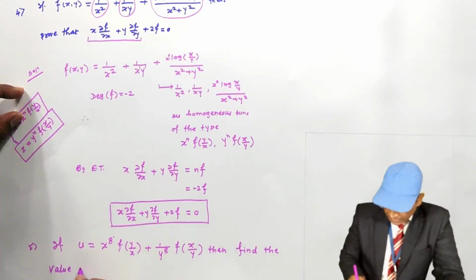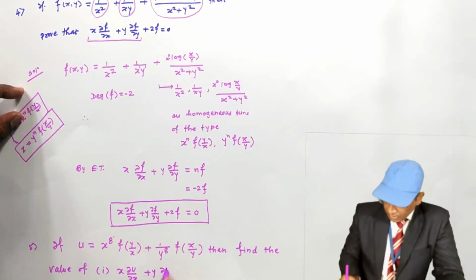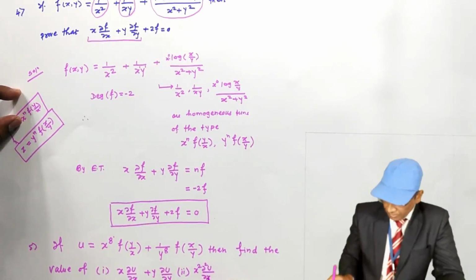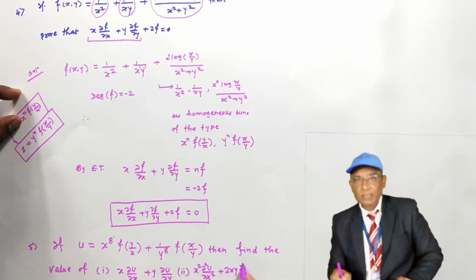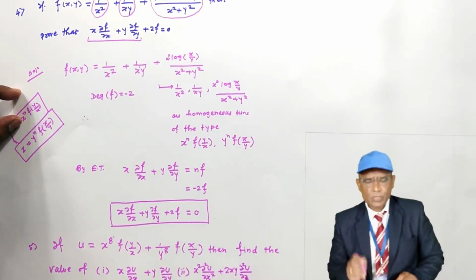And secondly, x square del 2u by del x square plus 2xy del 2u by del x del y plus y square del 2u by del y square. These values of these two components we have to find, and these are the components of Euler's theorem.